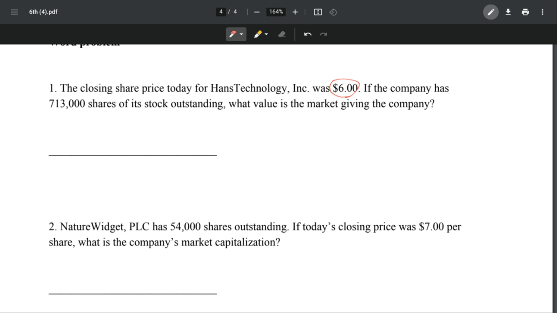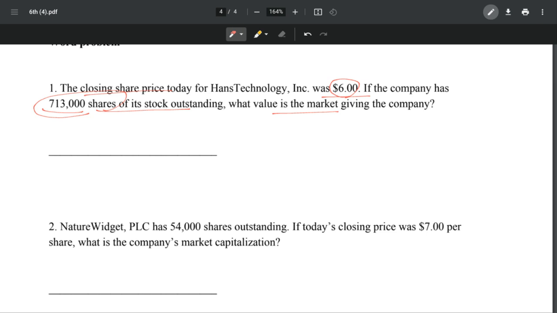If the company has 713,000 shares of its stock outstanding, what value is the market giving the company? Okay, so the closing share price today is $6, right? And we want to know the value if the company has 713,000 shares of its stock.